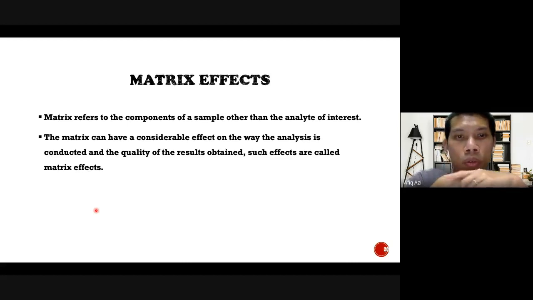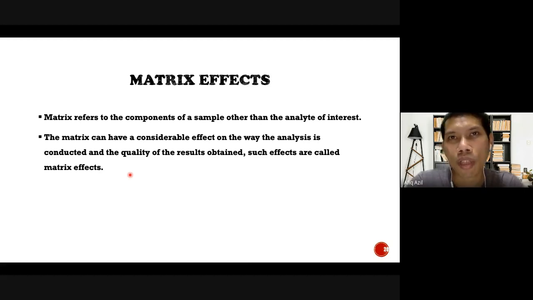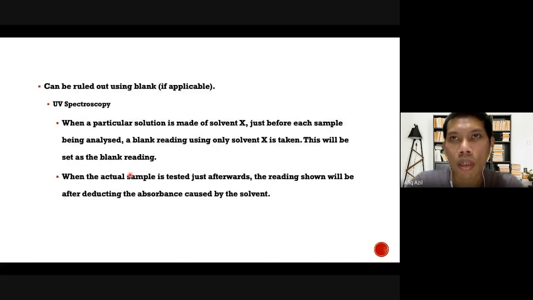Matrix can have an effect on the way an analysis is conducted and the quality of the results that you get at the end of the analysis. So this is called matrix effect. The other things beside the analyte will give you a slightly different result than the actual. This can normally be overcome by using a blank.